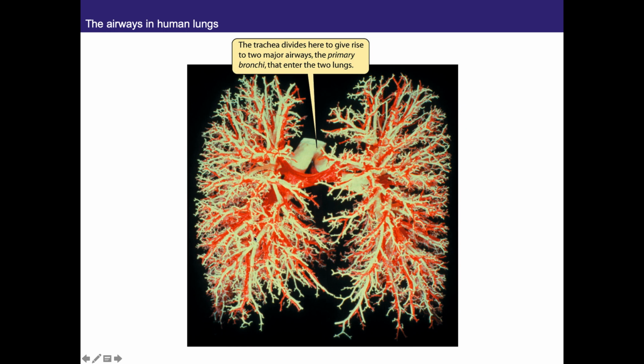So that's what I want you to kind of take home. Looking at this particular diagram, you can see how closely associated the blood supply, the circulatory system, is to each airway. Okay, all of the different branching that occurs. So now we've kind of mixed up both the upper and lower respiratory tract, but we'll get back on track here.